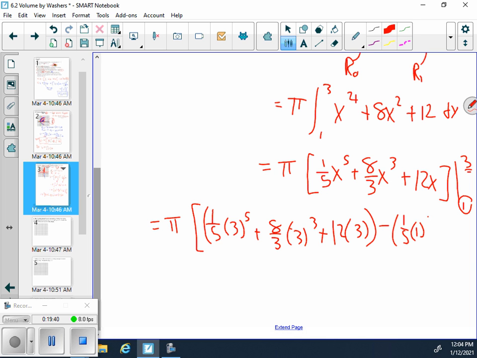So 1/5 times 1 to the 5th plus 8/3 times 1 cubed, which is just 8/3, plus 12 times 1. So we have everything with 3 plugged in, subtract everything with 1 plugged in. That's washer method.